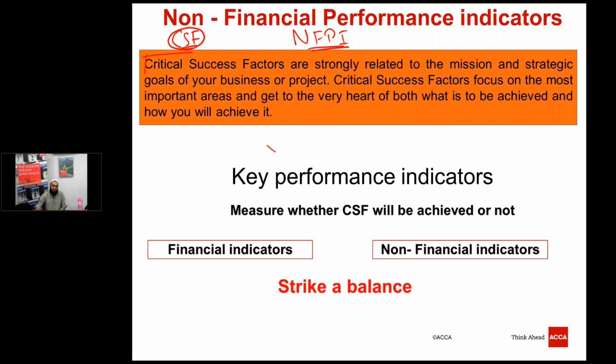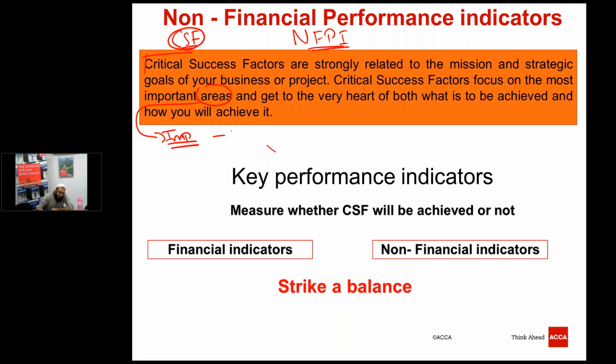CSFs are the most important areas of the business in which the company has to win, in which the company has to succeed. So CSFs are the areas which are important for the success of the organization.